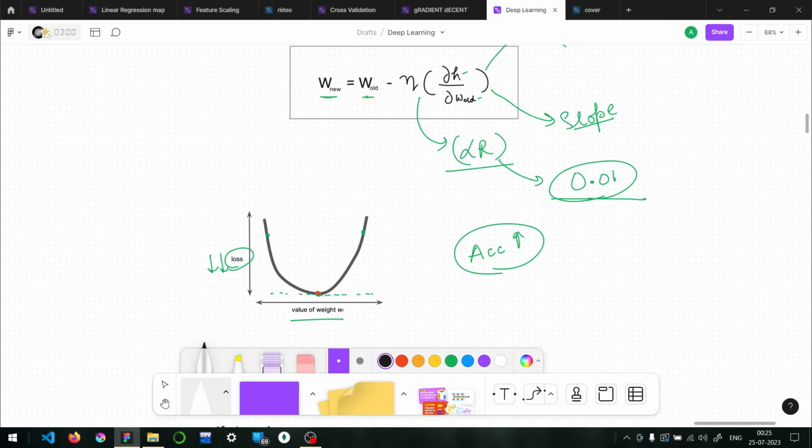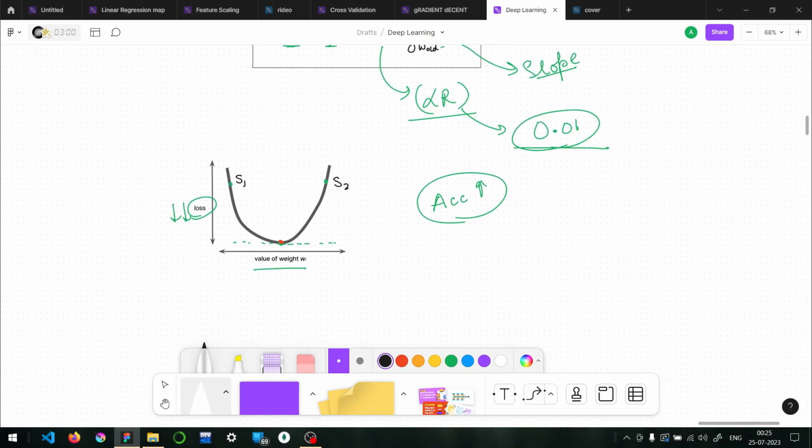Let us consider two scenarios here. In scenario one, we are situated on the left side of the optimal solution, and in scenario two, we are on the right side of our optimal solution. Let me calculate the gradient for scenario one and scenario two. For scenario one, we can clearly see the derivative is going to be negative because the tangent makes an obtuse angle with the x-axis.